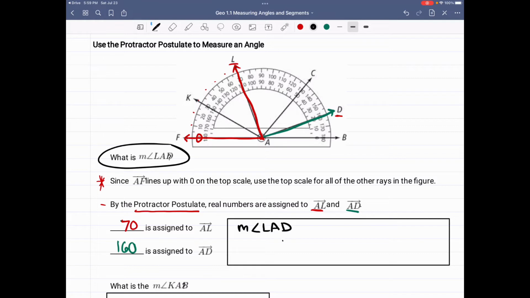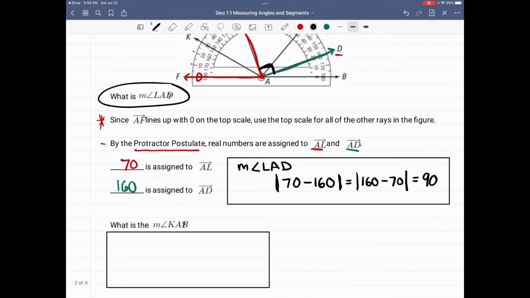So if we have 70 and we subtract 160 and take the absolute value, or if we do the absolute value of 160 minus 70, either way, we get 90. And you can see that that looks like a 90-degree angle right there.